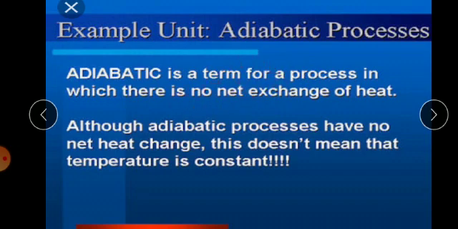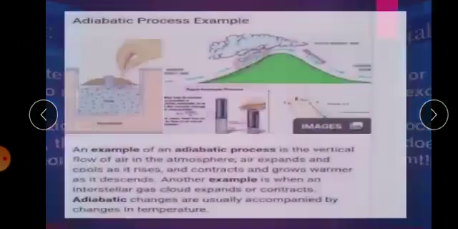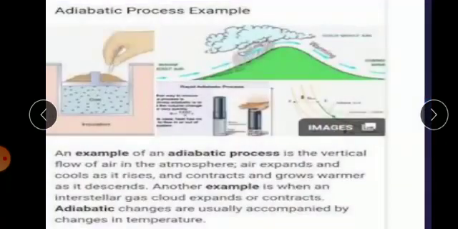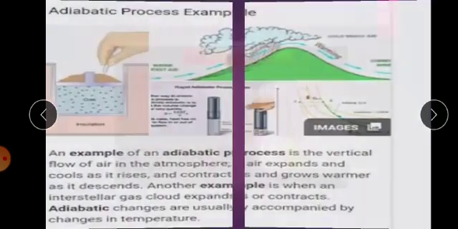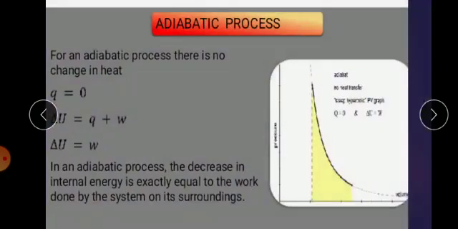Here we follow two types: work done by the system as well as work done on the system. If work is done on the system, automatically the temperature increases. If work is done by the system, the temperature decreases. So for an adiabatic process, no heat exchanges. It means Q is equal to 0.